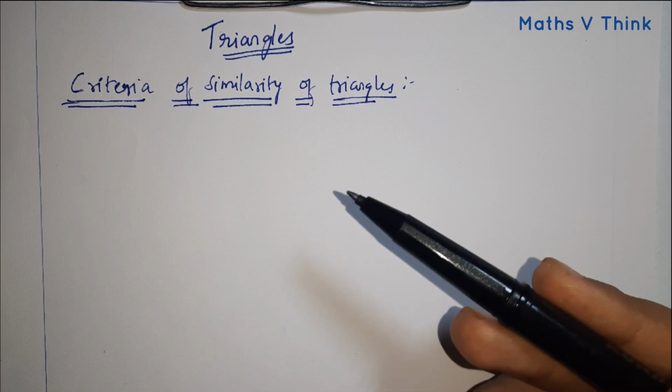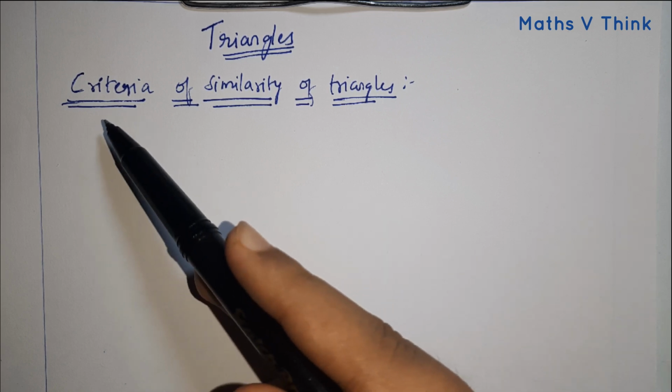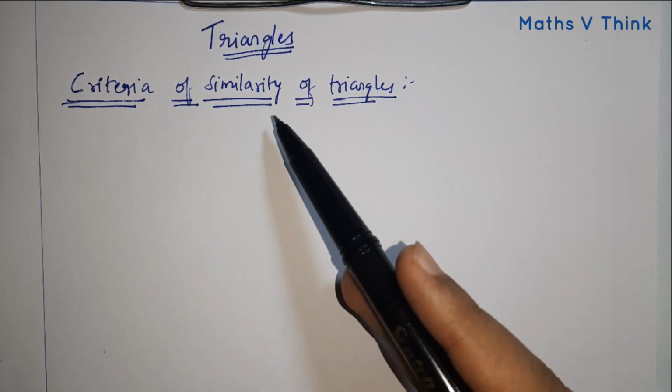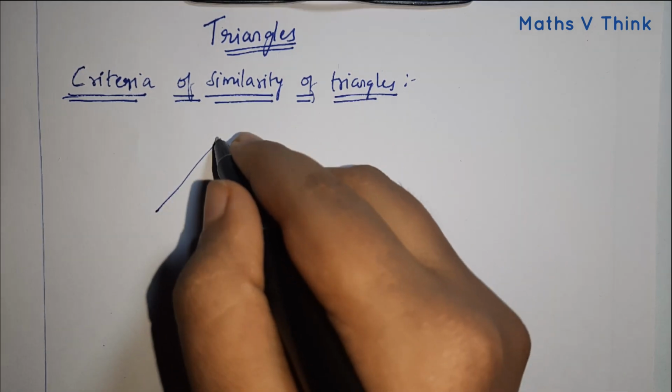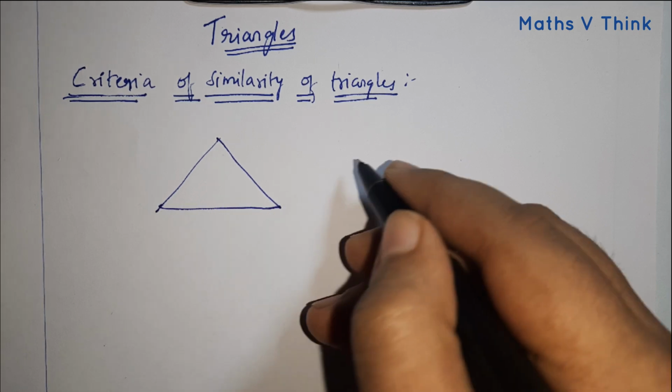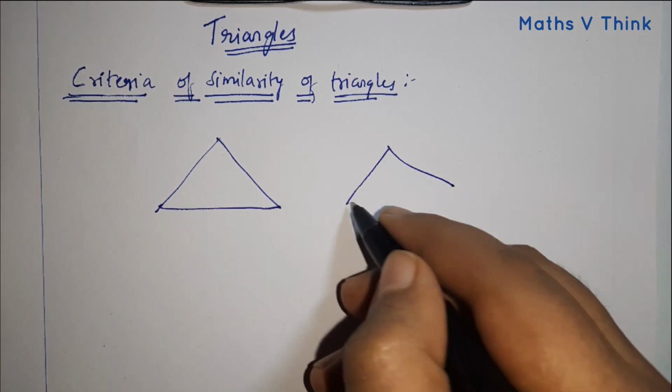So now let's start. We shall discuss what is the criteria of similarity of triangles. Let's take two triangles, ABC, DEF.